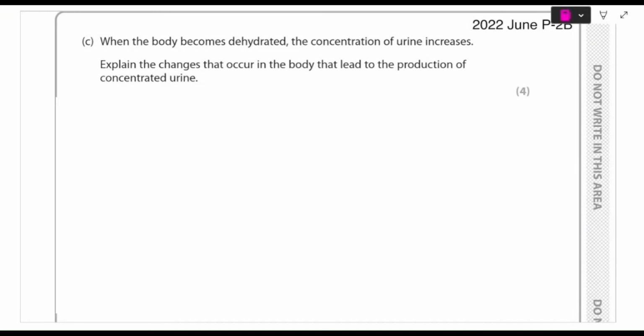So water is reabsorbed back into the blood, or water travels by osmosis from the collecting ducts into the blood. Then the concentration of urine increases because there is a low content of water in the urine.